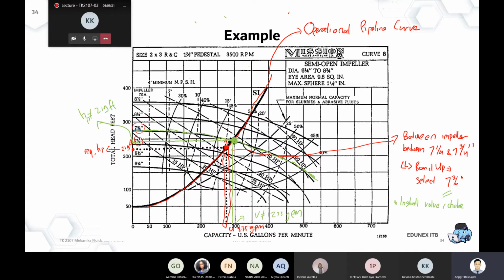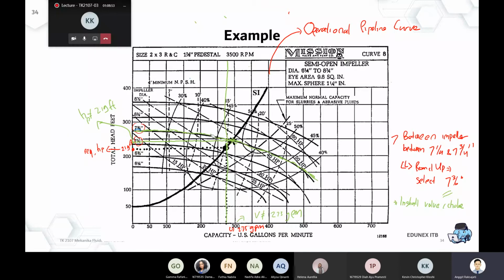Okay, so we'll have to erase my note over here to better explain the next one. So you still want to work at 275 GPM. That's still your target, right? That's still your required flow rate.